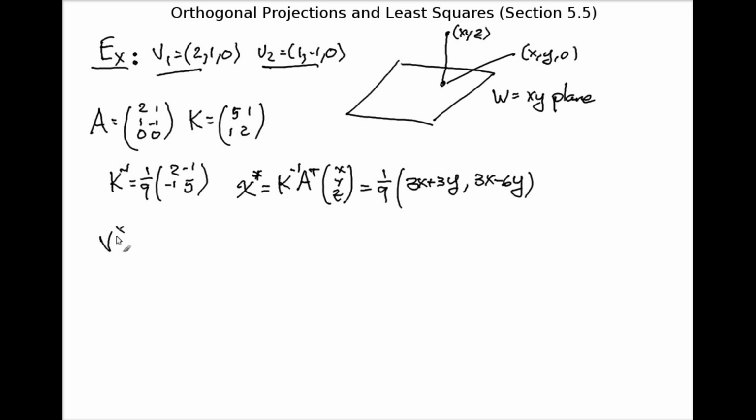And then the v star that we're interested in is A times that, which is to say 2, 1, 0, 1 minus 1, 0, applied to this thing.